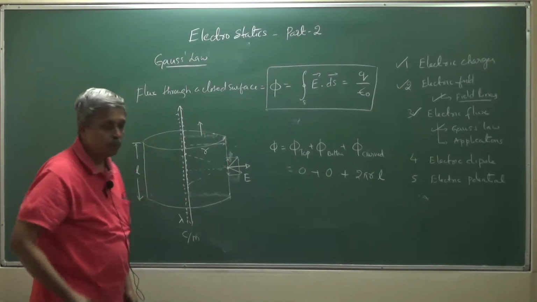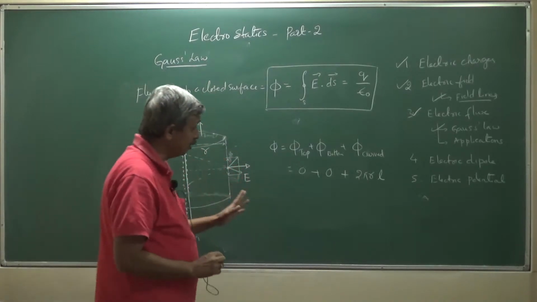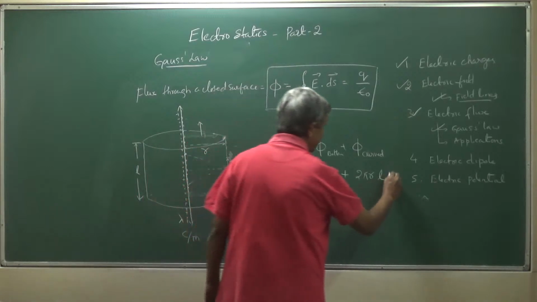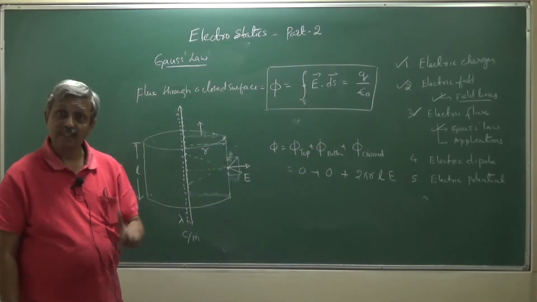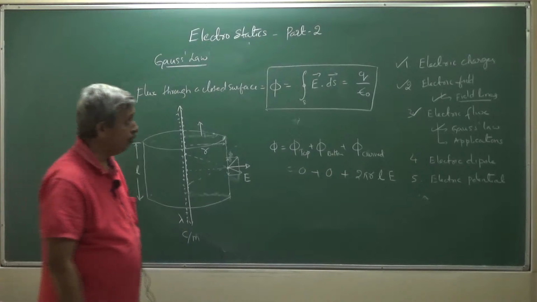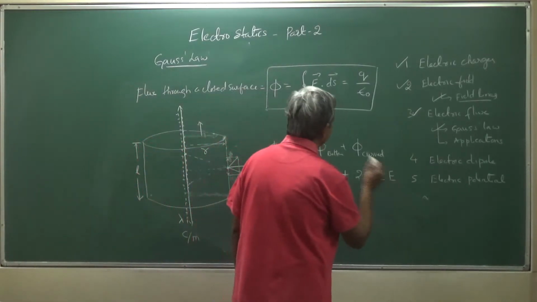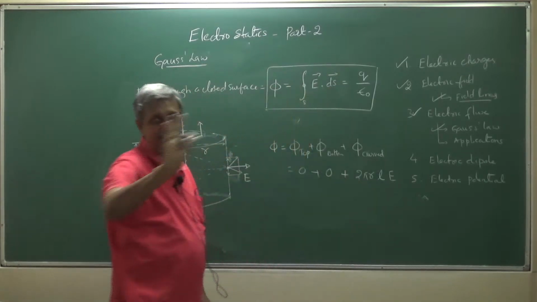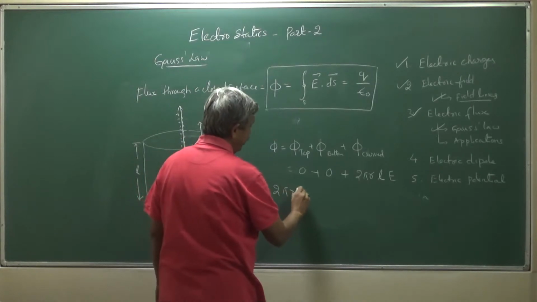Total surface area is 2 pi r L, and that into E is the total flux. So the total flux is simply equal to 2 pi r L E, which is phi. I don't have to do any integration. I just have to write what the total flux is: 2 pi r L E.